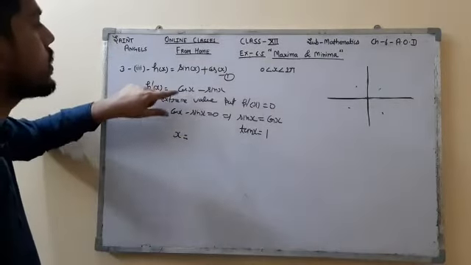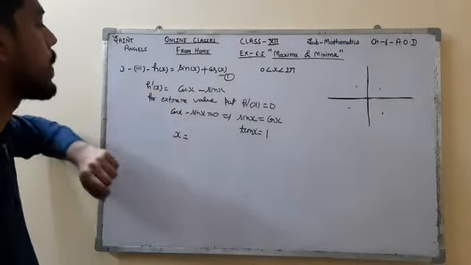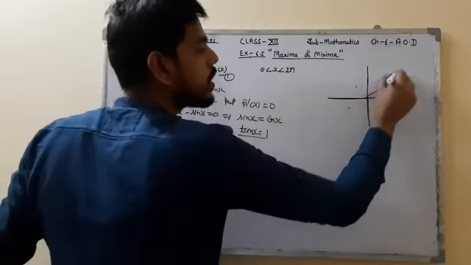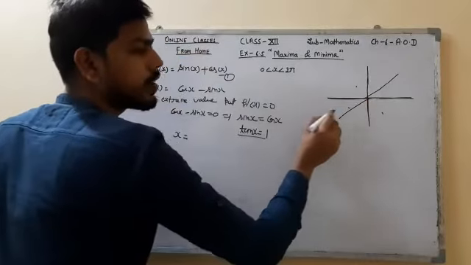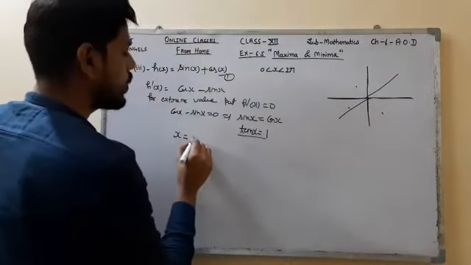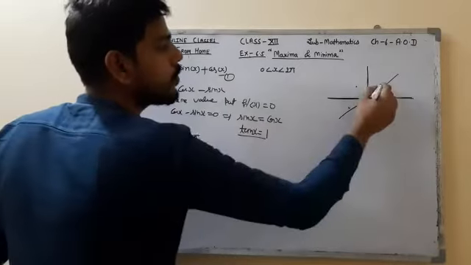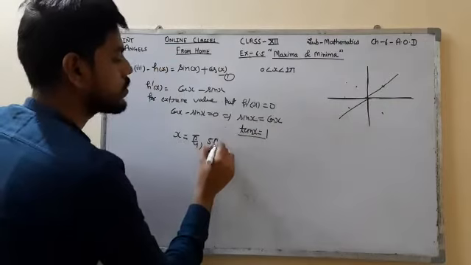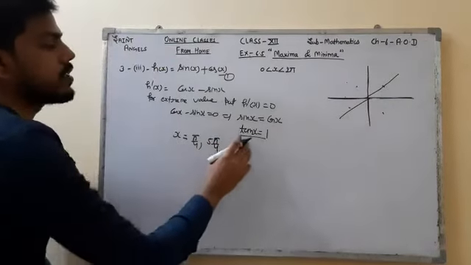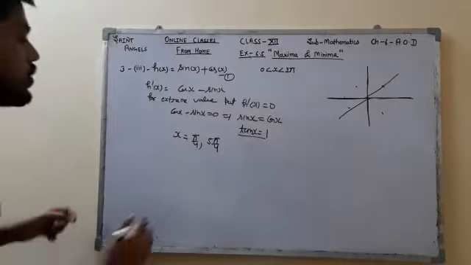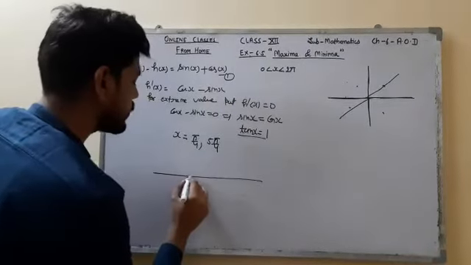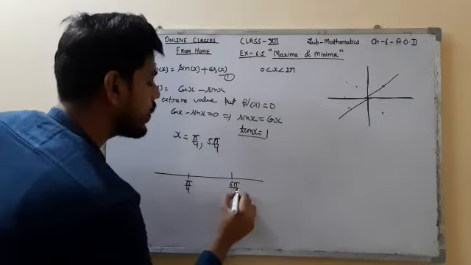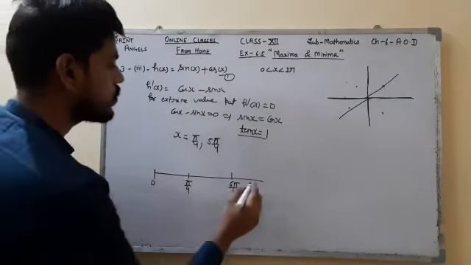Tan x is positive in the first quadrant and in the third quadrant. So the values of x would be pi by 4 and 5 pi by 4, at which the value of tan x would be 1. So these are my critical values, pi by 4 and 5 pi by 4, in 0 to 2 pi.